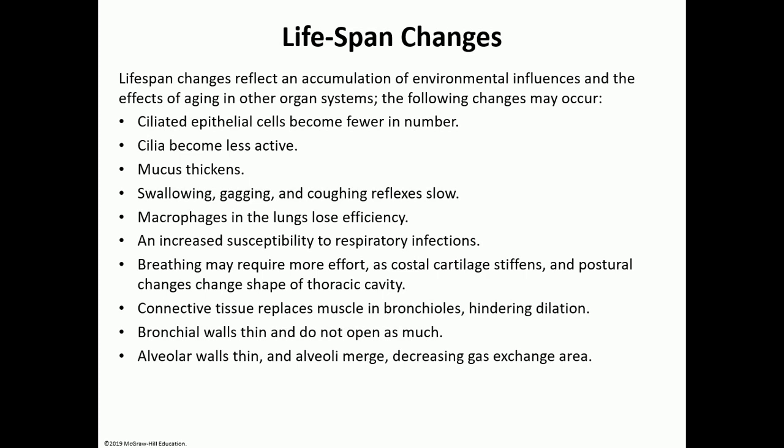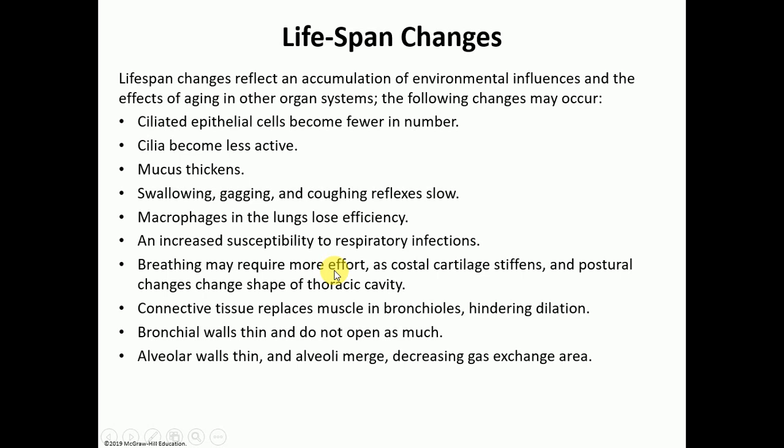The cilia become paralyzed and less active with thickening of mucus. The reflexes, the swallowing, gagging, and coughing reflexes, tend to slow down. Macrophages tend to become less efficient. There's an increase of respiratory tract infections as we age.